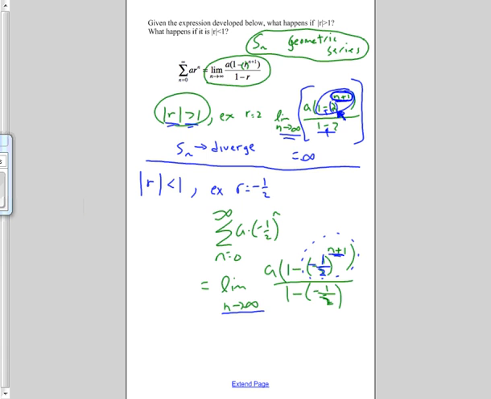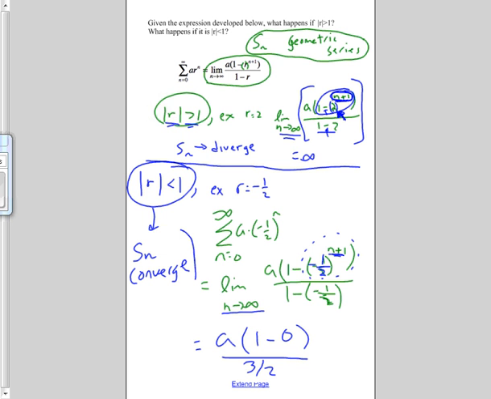So this would equal a times 1 minus 0 over 1 plus 1/2, which is 3/2. So that's going to approach a finite number. So in other words, if the absolute value of r is less than 1, then s sub n is going to converge.